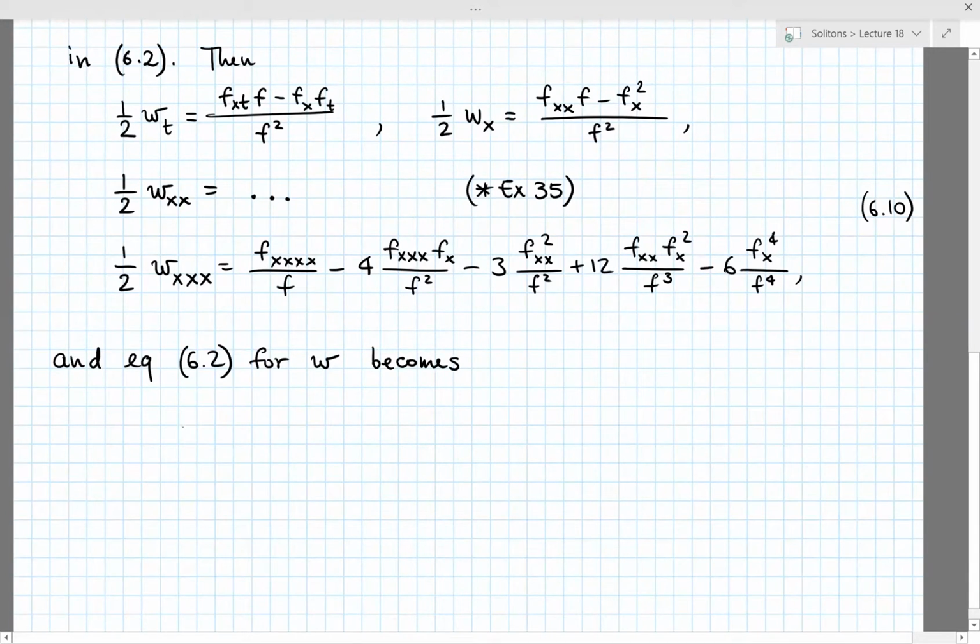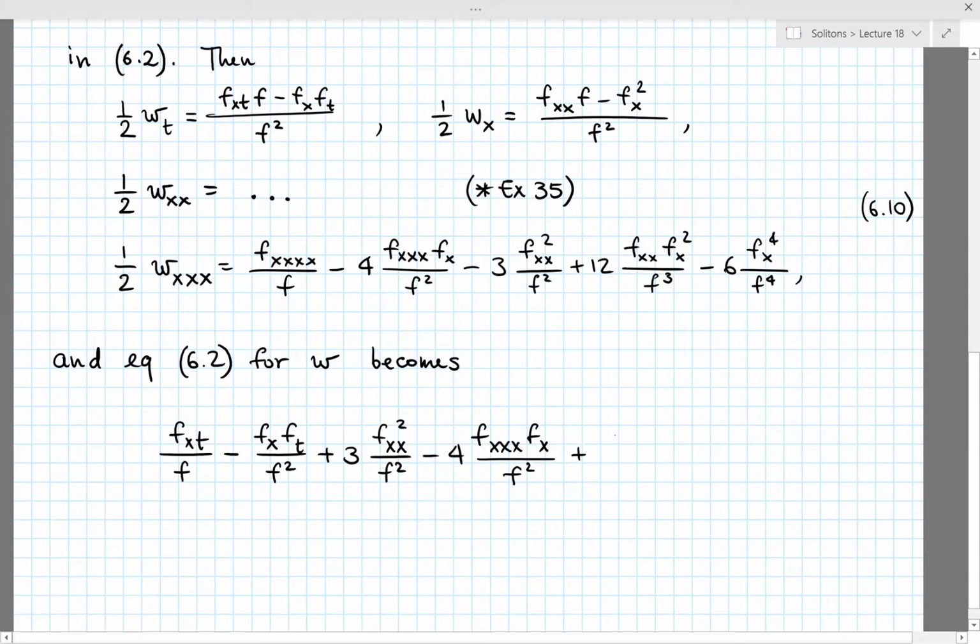So we'll have fxt over f minus fx ft over f squared plus 3 fxx squared over f squared minus 4 fxxx fx over f squared plus fxxxx over f equal to 0. So this is the equation that we find for f.